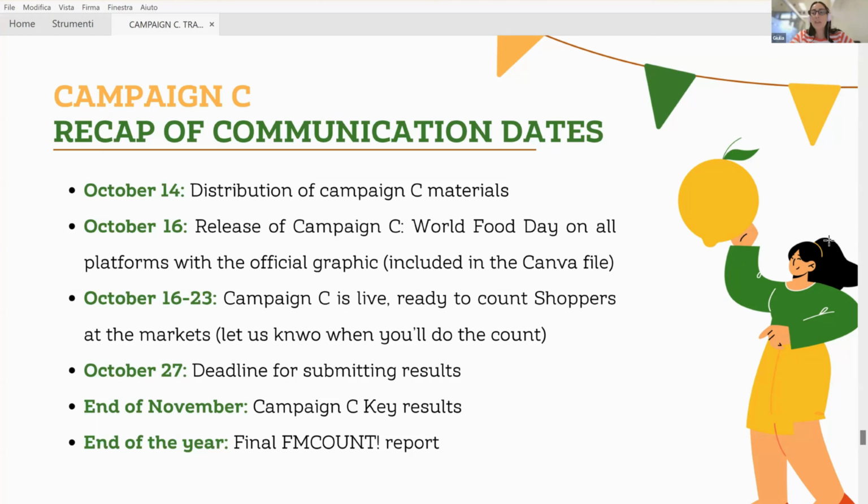This time, I think it will be easier for the people that will do the counting on the phone or tablet because it will be automatic. But for the ones that are using pen and paper, please submit by the 27th. At the end of November, we will share campaign C key results. And then at the end of the year, we will show the final FMCOUNT report, comprising all the three campaigns that we had.